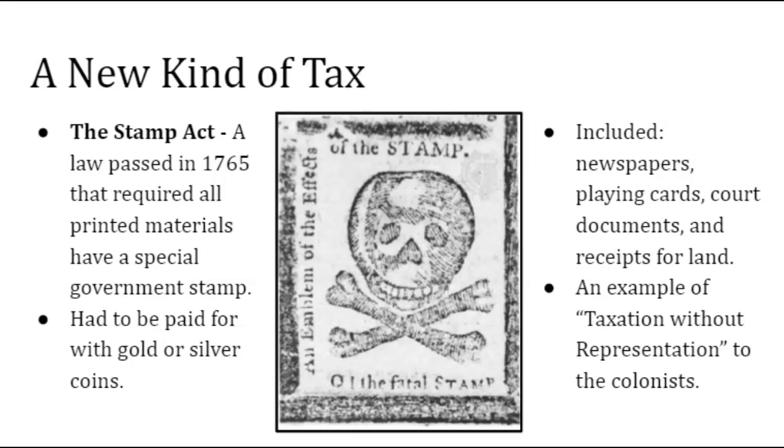So, for example, a person selling or buying a piece of land would also pay a British official to stamp the sales document. Colonists could only pay officials for the stamp with gold or silver coins, both of which were rare in the colonies. British courts enforced the Stamp Act by taking away any land or property involved in sales conducted without the stamps.